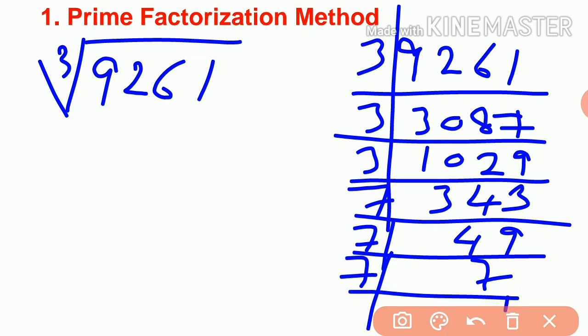So this number can be written as 3 times 3 times 3 times 7 times 7 times 7.